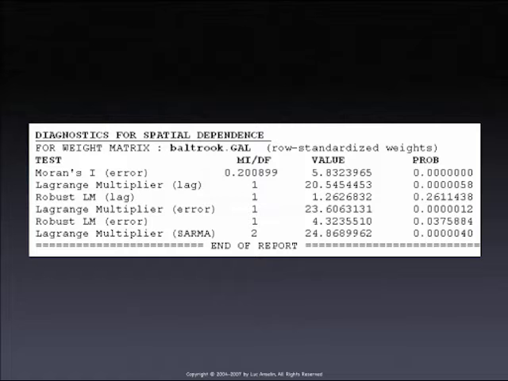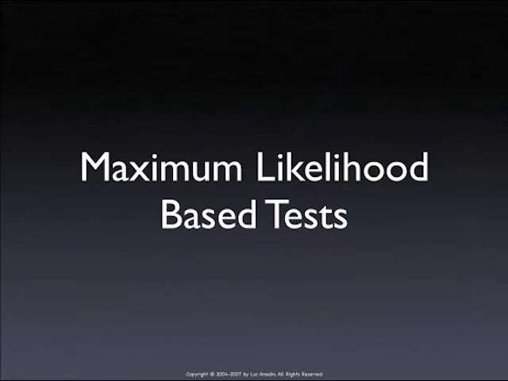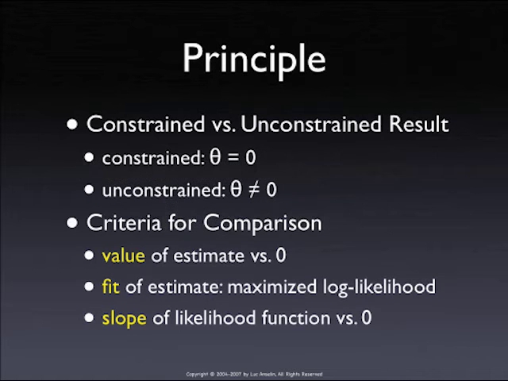So now we move on to the focus test, the test specific in a framework of maximum likelihood estimation. And as before, we make the distinction between unconstrained and constrained model. The constrained model is the one where all the parameters, or the parameters of interest, are set to 0.